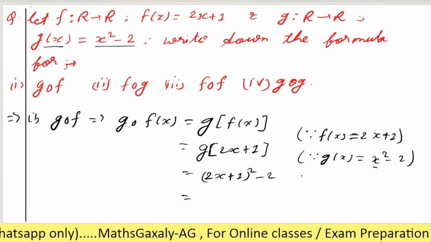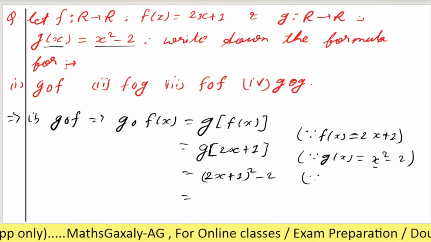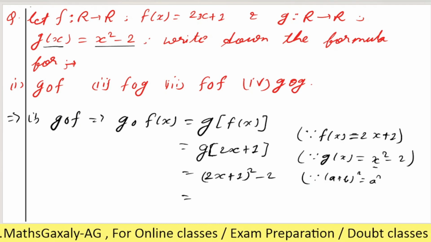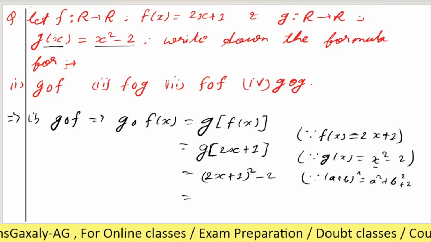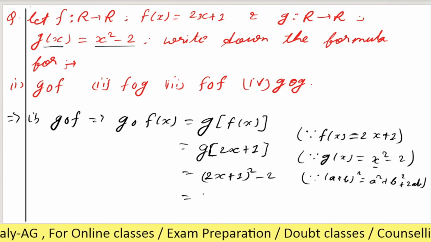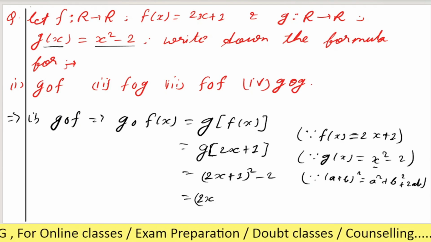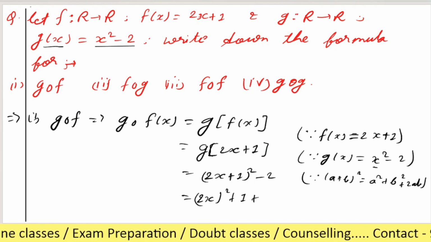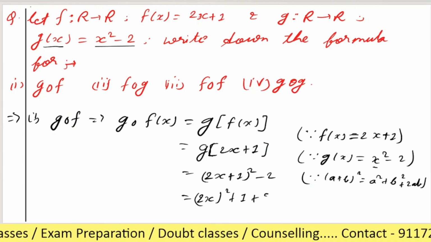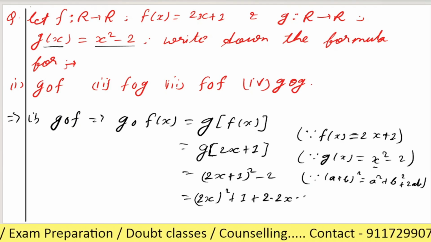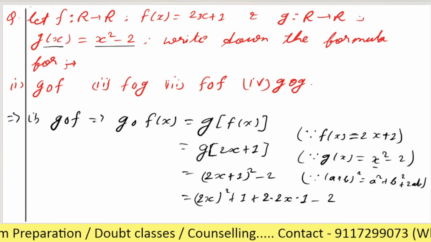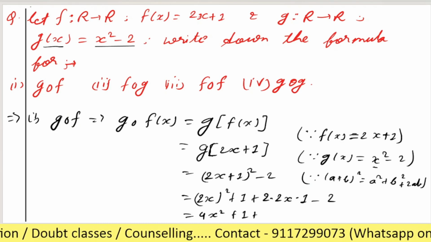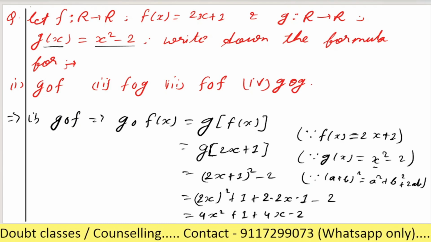Now apply the formula: (a plus b) whole square is equal to a square plus b square plus 2ab. So here it will be (2x) square plus square of 1, that is 1, plus 2ab, which is 2 into 2x into 1, minus 2. So it will be 4x square plus 1 plus 4x minus 2.